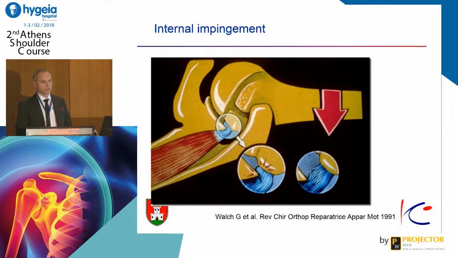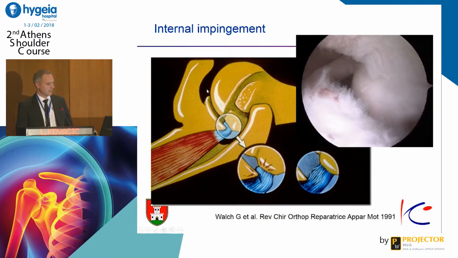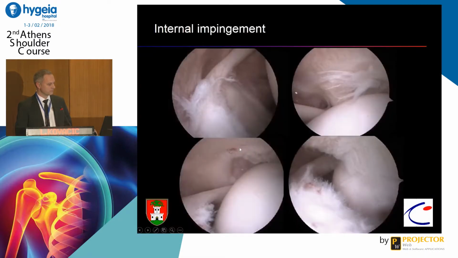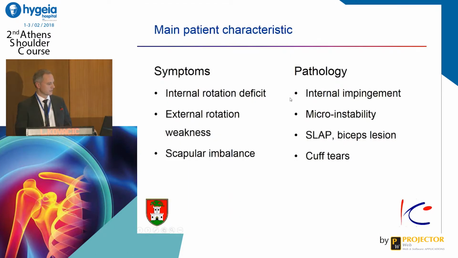It is in the position of abduction and external rotation of the shoulder, and this is the so-called kissing lesion, when the rotator cuff comes into contact with the posterior superior labrum. So we can observe injury to the posterior superior labrum and rotator cuff tear, and in the contact, this is a kissing lesion.